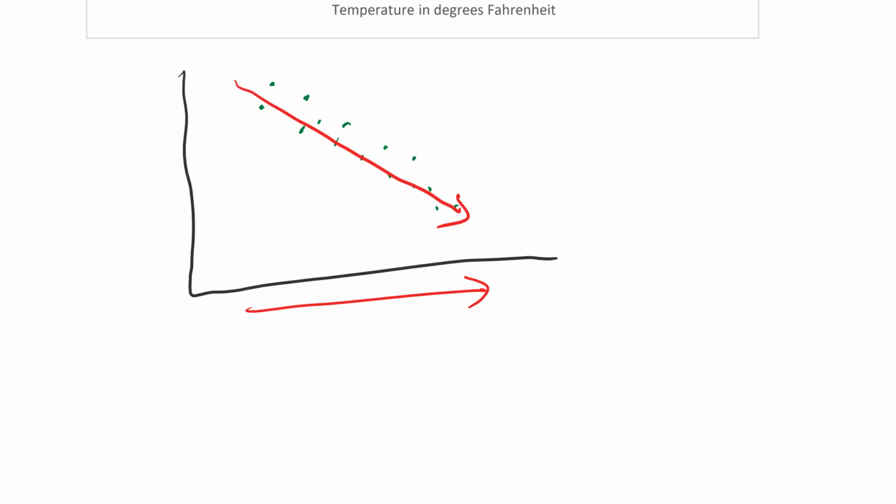All right? So in our example, if we had found this out, it would mean as the heat goes up, the number of ice cream cones sold goes down, which doesn't make sense for our problem, but there's plenty of things that do have a downward trend.